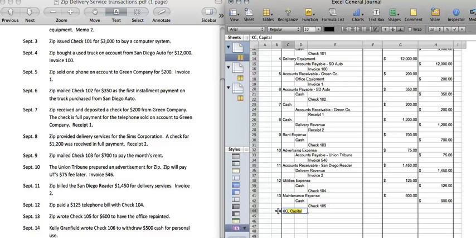So we're going to debit KG withdrawals account, one of our temporary capital accounts, $500, and we're going to credit cash $500 with a source document, check 106. And then we've completed our journal entries.